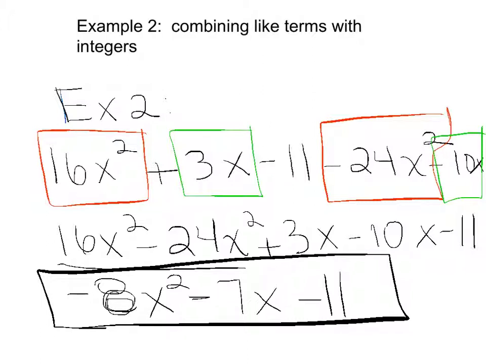Right here I did make a mistake. I should have included positive 3x there. Now, we cannot combine anything else here in the answer. So that is our answer in lowest terms. Negative 8x squared minus 7x minus 11.